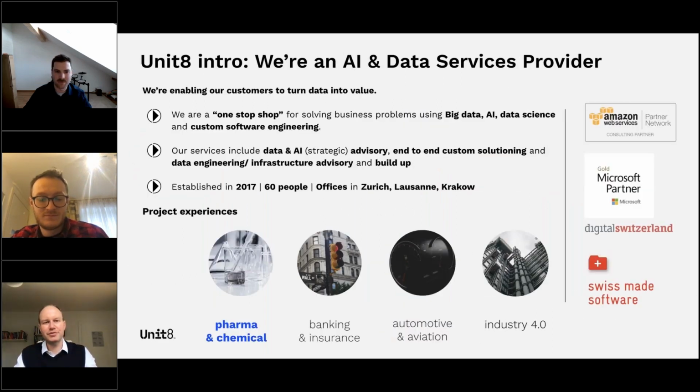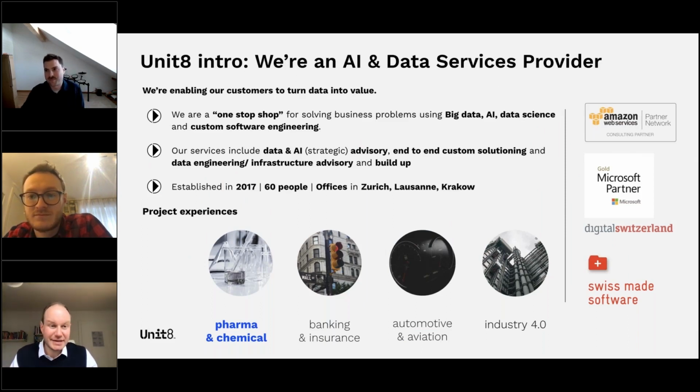So just a very brief intro on us as Unit8. As Kamil mentioned, we focus on providing AI and data services, and essentially want to support our customers in turning data into value. In that respect, we're a one-stop shop for solving all kinds of business problems that can be solved with data. That includes data engineering, infrastructure advisory, and also data and AI advisory more on the strategic side.